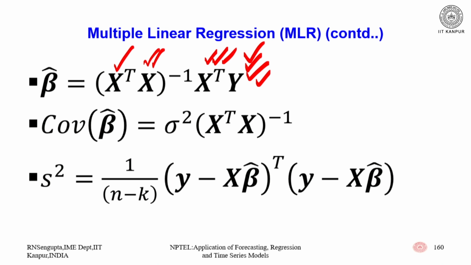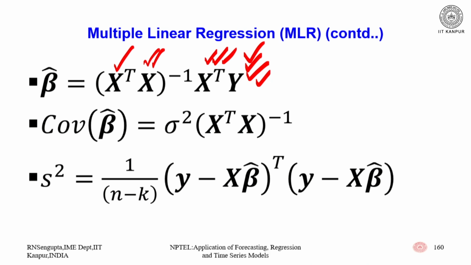The second bullet point is the covariance of beta. It is given by sigma square, which is basically the variance of the error. If you remember the error term variance and the concepts I mentioned about autocorrelation, non-autocorrelation, homoscedasticity and heteroscedasticity, we are assuming them to be true.